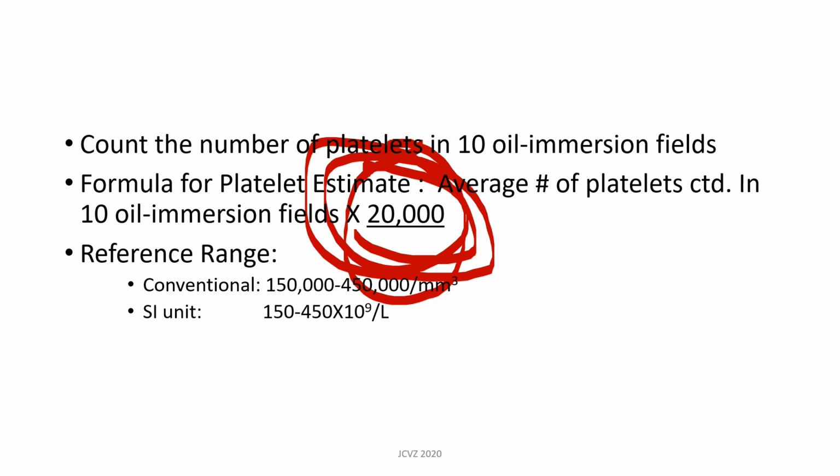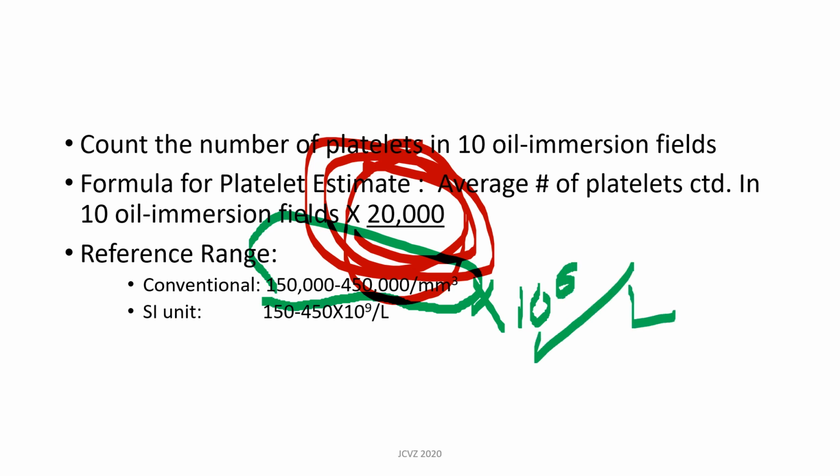Okay, so the reference range for our platelet estimate is this one. I'm sorry, it's already covered with the highlighter. So for the conventional unit, it's 150,000 to 450,000 cells per cubic millimeter. If you want to convert this to the SI unit, all you have to do is multiply your conventional unit by 10 to the 6 per liter.